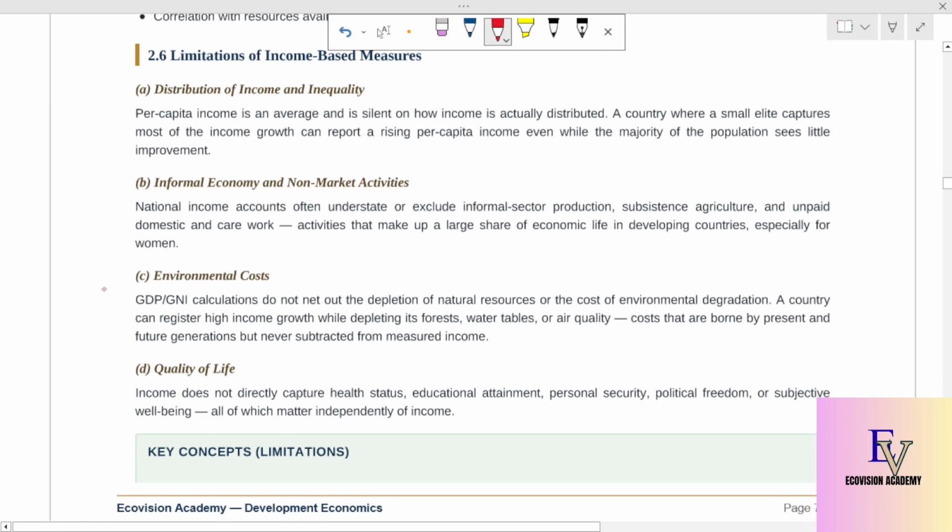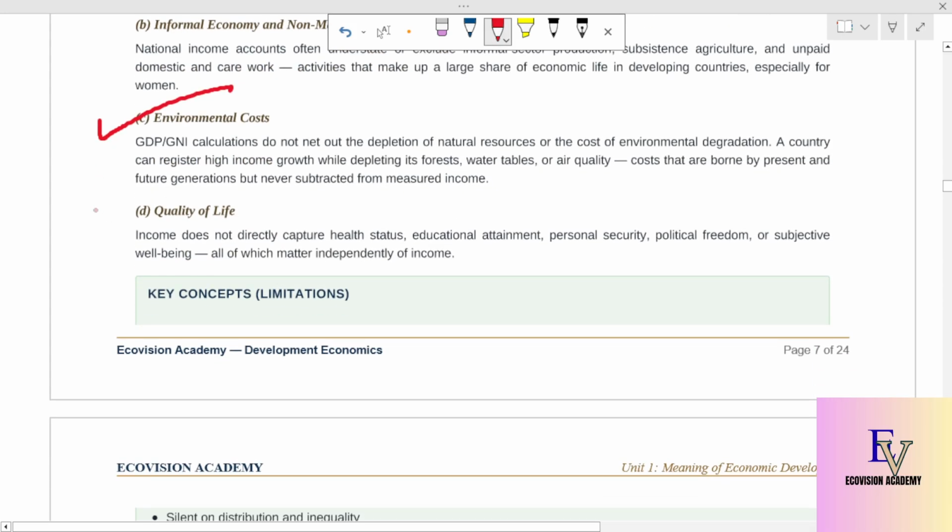Okay, fine. Now we have already talked about the environmental cost. Environmental cost means whenever there is an increase in GDP, rapid industrialization is taking place, and as rapid industrialization takes place, there should be some environmental cost. And quality of life. What is quality of life? Quality of life is not only having good health or not only having very good education.